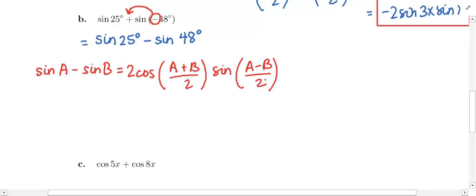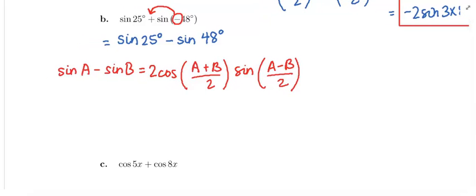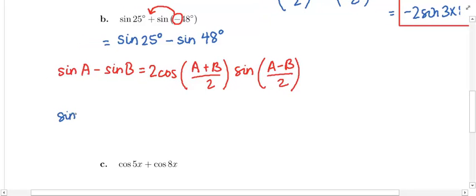Okay, so I need to match up my expression with the left side of this identity. I am working with the sine of 25 degrees minus the sine of 48 degrees.